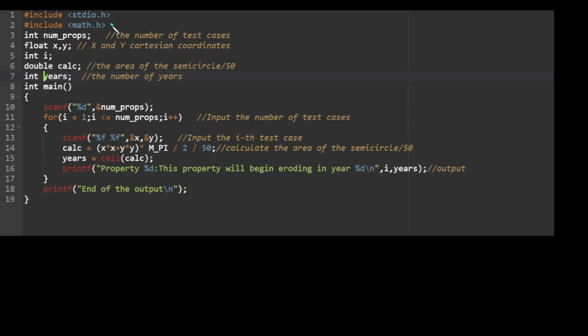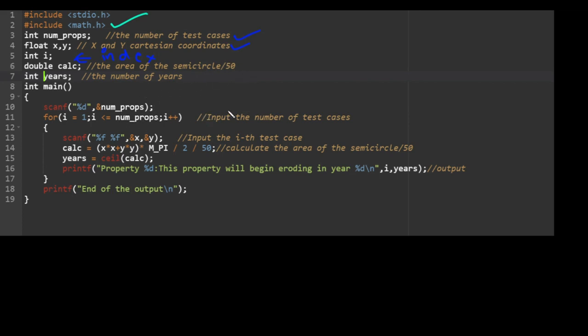As you can see, I have included math.h, and then we first declare our number of test cases, and then our x and y coordinates, and then the index which we are following. So now then we declared our variable in which we are storing the area of semicircle divided by 50 and the number of years.